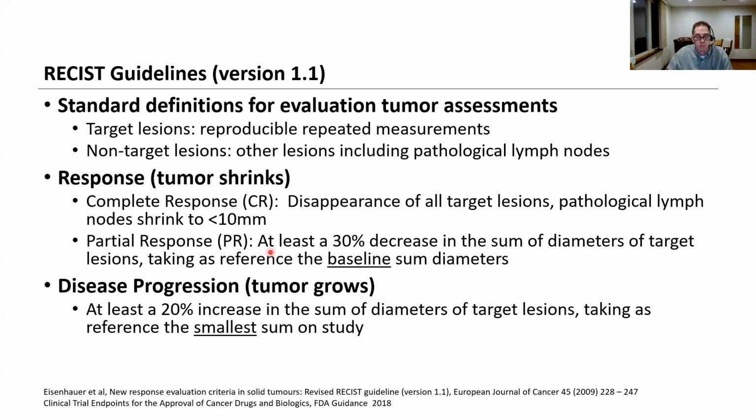We're going to call this a partial response. Disease progression is at least a 20% increase in the sum of diameters of the target lesions, taking as a reference the smallest sum on study. And there is an update to the RECIST criteria now that says that smallest difference has to be at least 5 millimeters or higher.